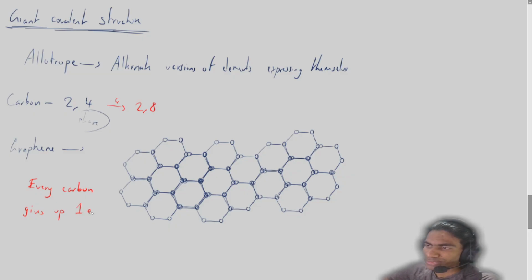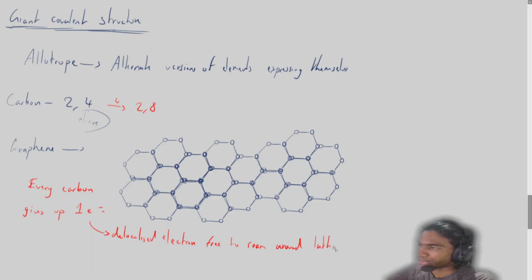And we call this a delocalized electron that's free to roam around the lattice. So you'd have a free electron moving around here, another one here, another one here, and it roams around this lattice.